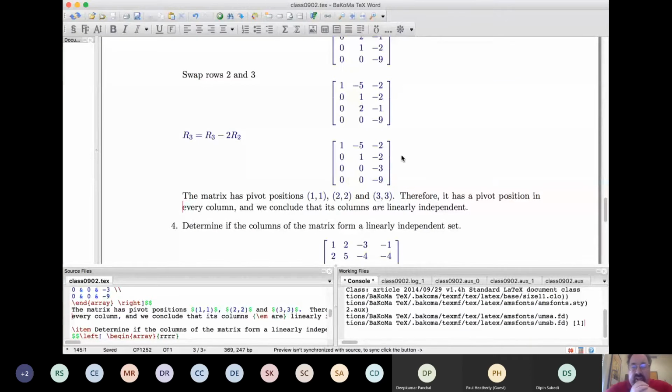Now, if I was to have a problem like this on the test, and certainly there will be at least a problem where you're given some vectors and you're asked to determine if they're linearly independent or not, I would do my best, based on the selection of problems that are there, not to include a problem where you go ahead and do this and then it asks for a reduced echelon form, because we definitely do not need the reduced echelon form to determine if these columns are linearly independent.